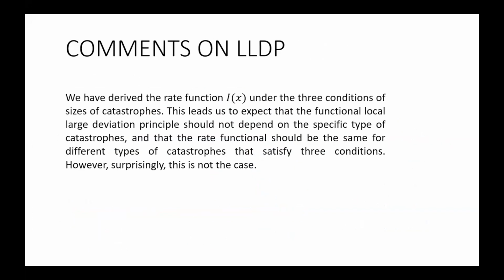Thank you. We have derived the rate function under the three conditions on the size of catastrophes. This leads us to expect that the functional local large deviation principle should not depend on the specific type of catastrophe, and that the rate functionals should be the same for the different types of catastrophes as well.